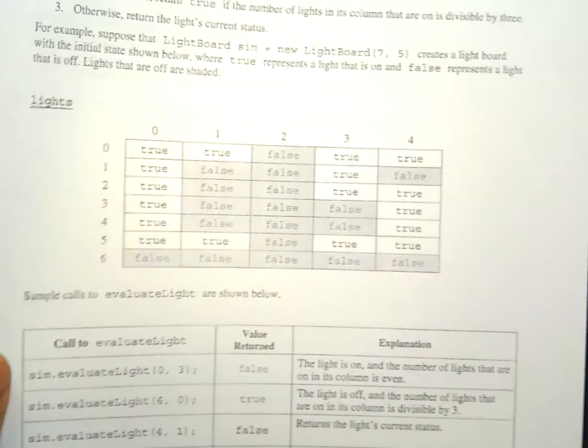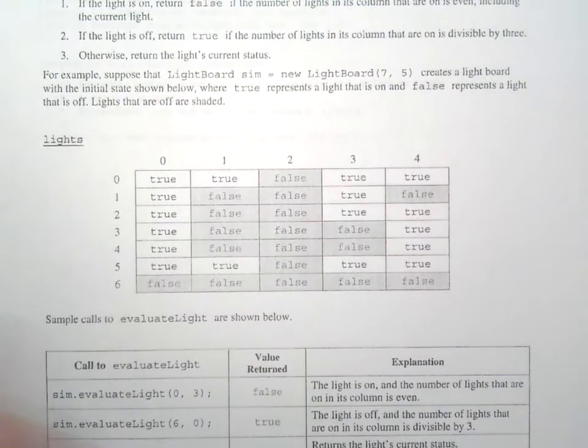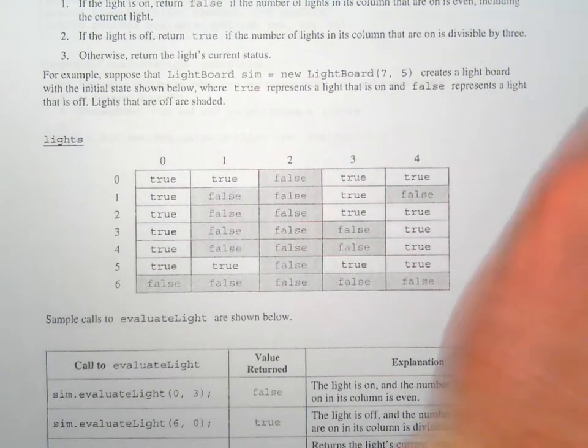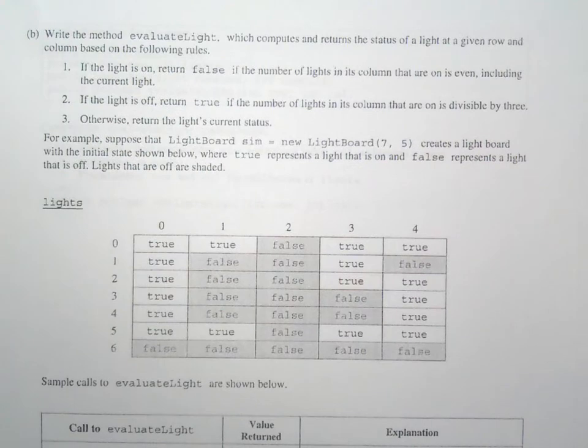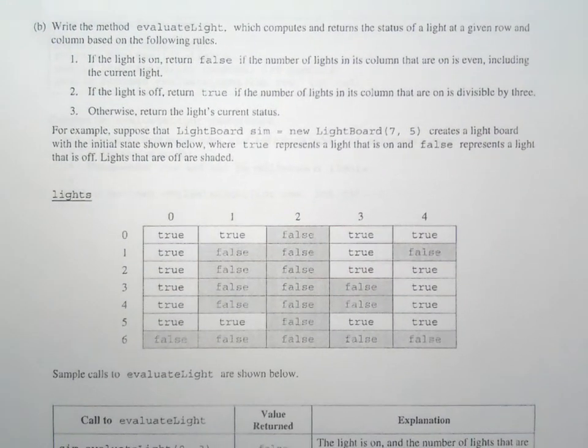The next part is, I think, doable, but it does take a little bit of focus to make sure you follow the rules. So it says, write the method evaluateLight, which computes and returns the status of the light in a given row. So we've got to return the status.